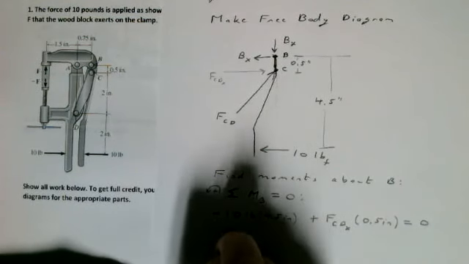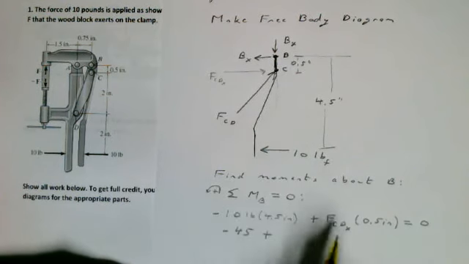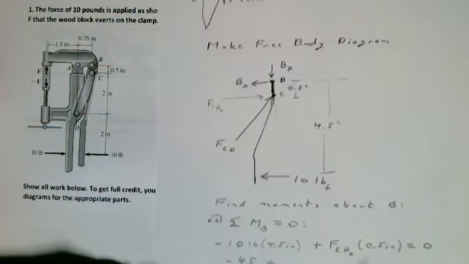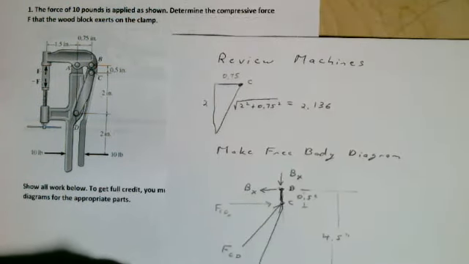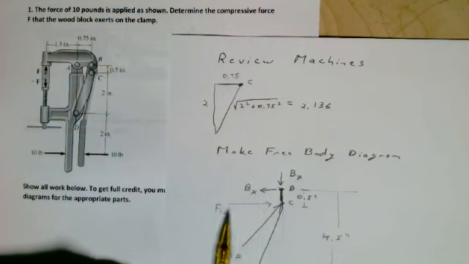That's going to be like minus 45. Now notice this FCDX. To find that, that's the reason we did this little triangle at the beginning here. To find this FCDX, we're going to have to use this little triangle. And so it's going to be FCD.